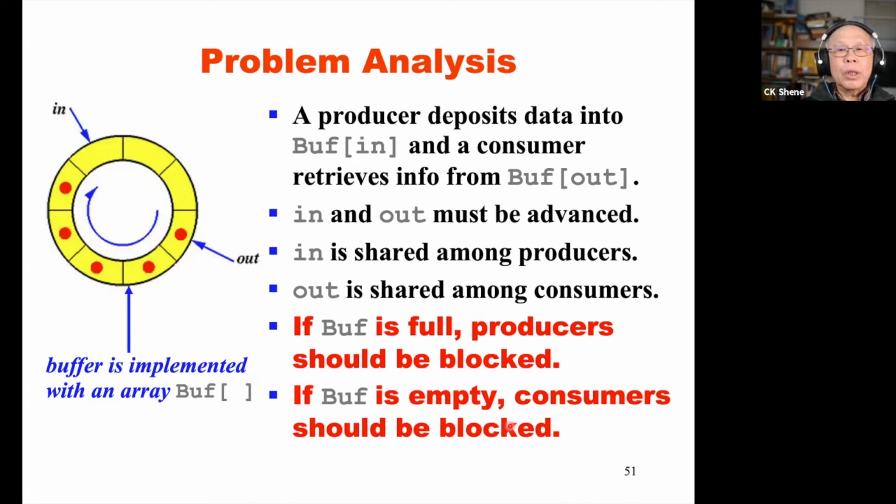But the question is, a producer could continue only if the buffer is not full, right? But who makes the buffer not full? Think about this. Of course, this has to be a consumer.